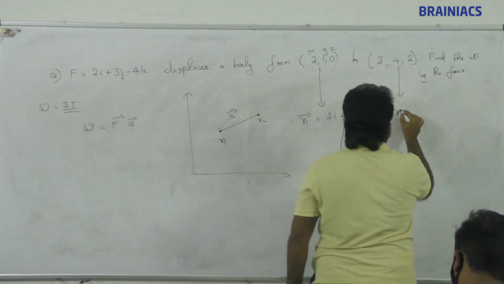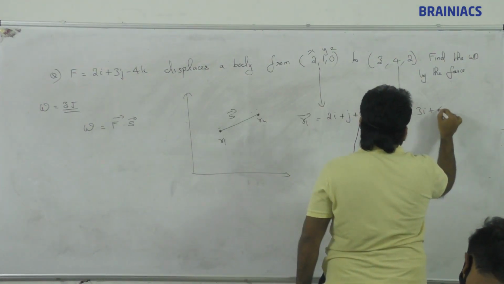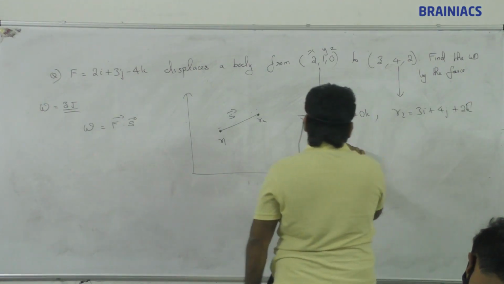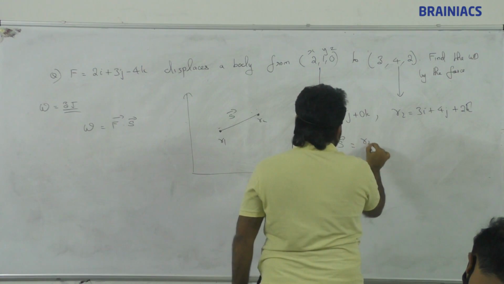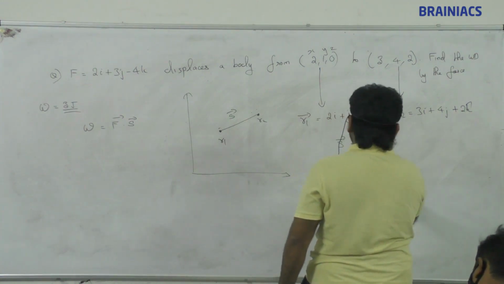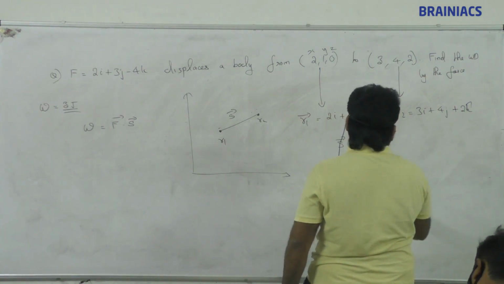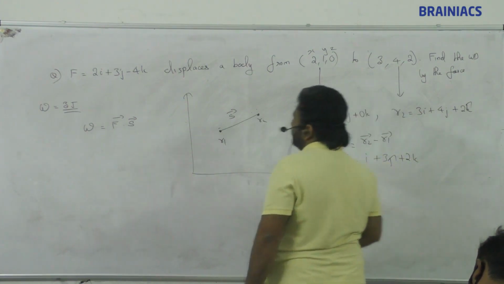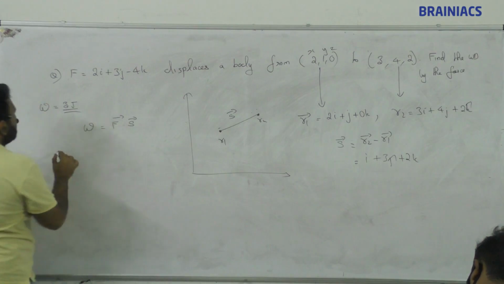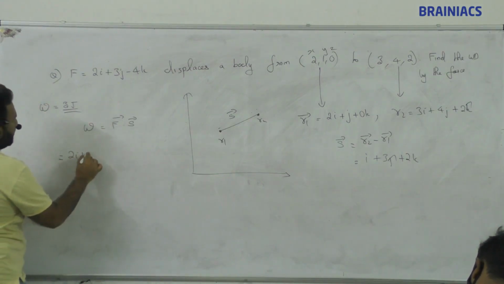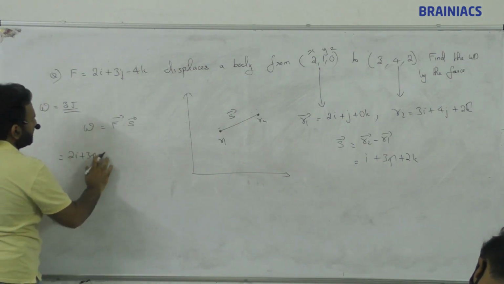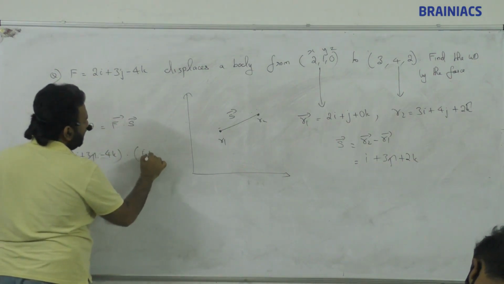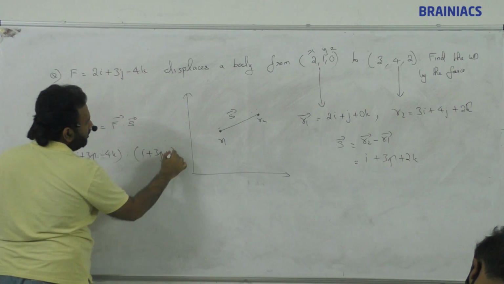So displacement is going to be r2 vector minus r1 vector. This is going to be i plus 3j plus 2k. So F dot S is equal to 2i plus 3j minus 4k dot i plus 3j plus 2k.